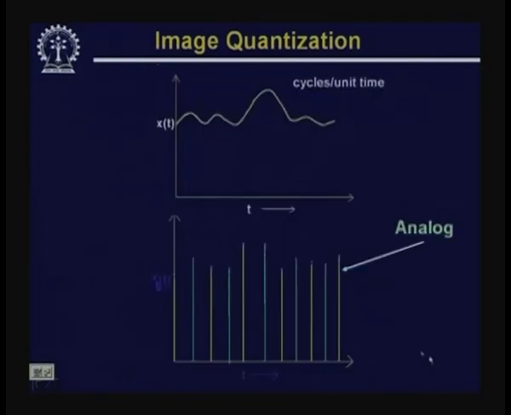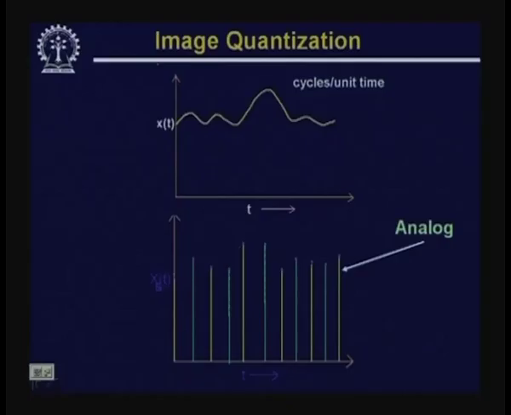Now, what is this quantization? After sampling a continuous signal, what we have is a set of samples. These samples are discrete in the time domain. But still every sample value is an analog value, not a discrete value.